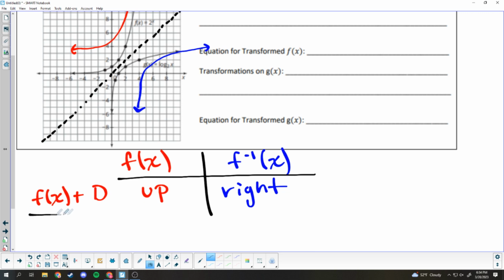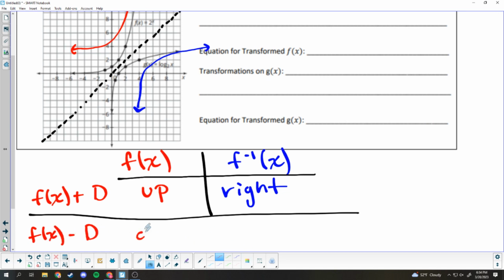Okay. Well, what would happen if I moved this thing down? It's a good question. So in other words, I took f of x minus d. Well, that would move me down in my original function. Let's see a visual demonstration of that.